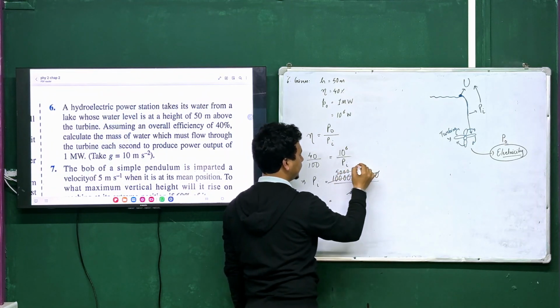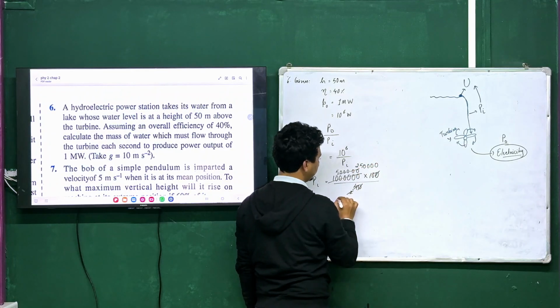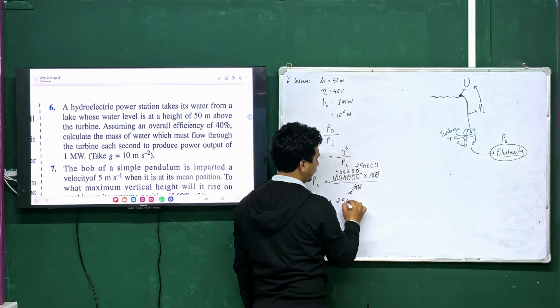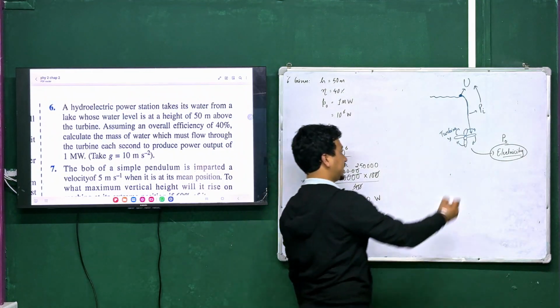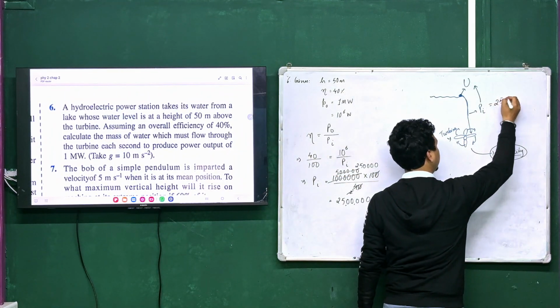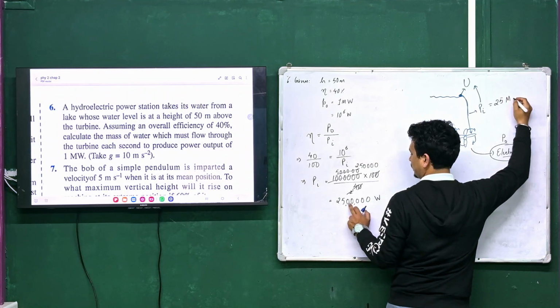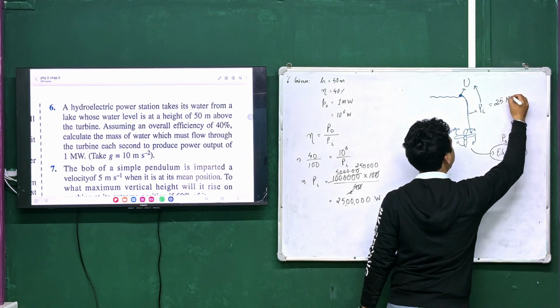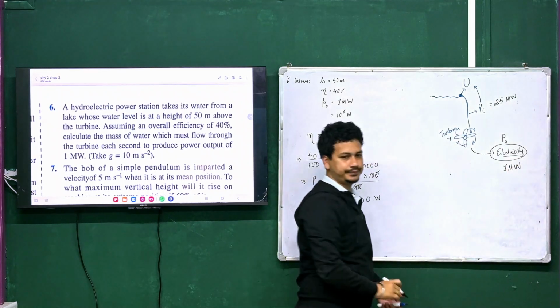Then we can cancel this again, 2, 5, 1, 2, 3, 4. So we get 25, 1, 2, 3, 4. 25 lakh watt of power is required. So 2.5 megawatt will give you 1 megawatt.